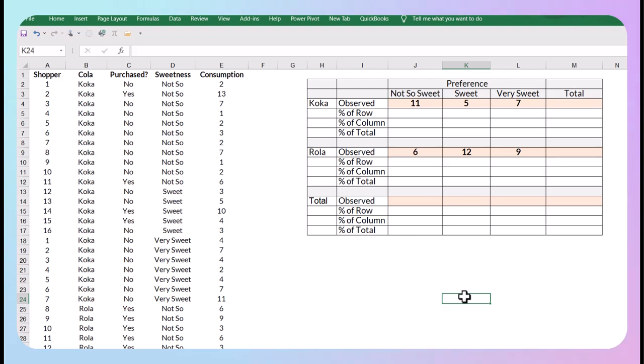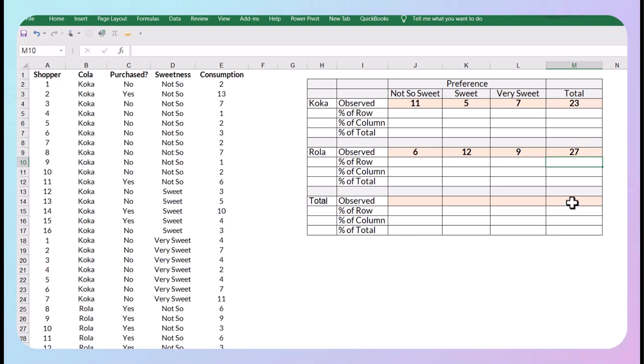Now I'm going to get my row and column totals. My row total is simply going to be the sum of all three of these, and this row total is the sum of all my Rolla drinkers.